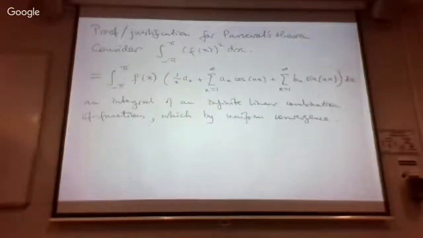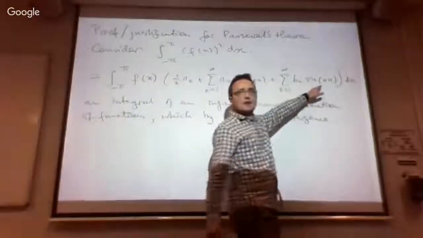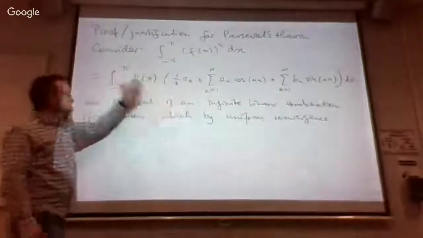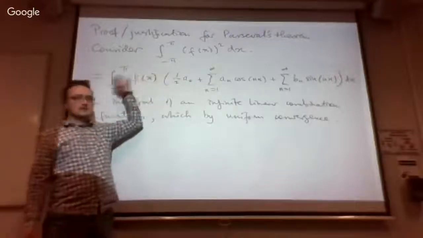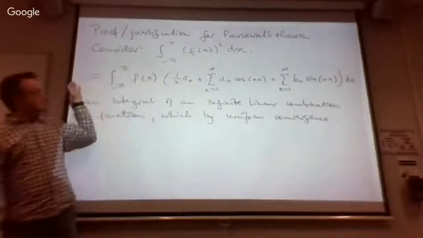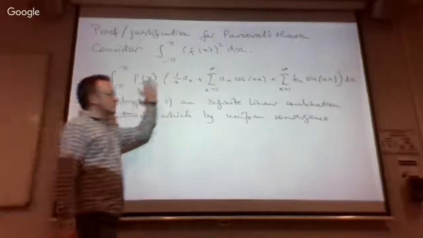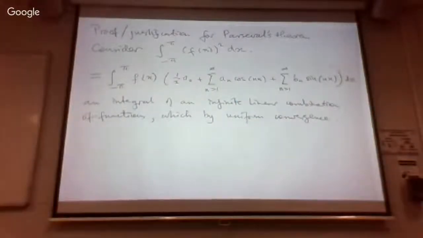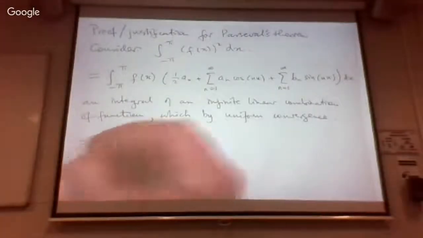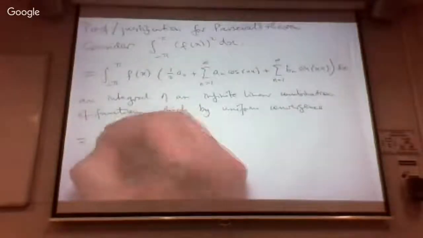There'd be no conceptual problem if this was just a finite linear combination inside. Then you just use the regular linearity property of integration to say the integral of a sum is the sum of the integrals. But to apply it to an infinite one, we need this stronger type of convergence, such as uniform convergence. So I can apply linearity now.